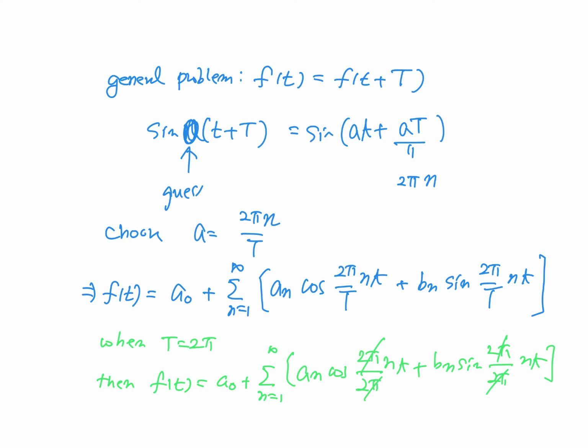So the 2 pi case was a special case of that. The trick is replace 1 by 2 pi over T.